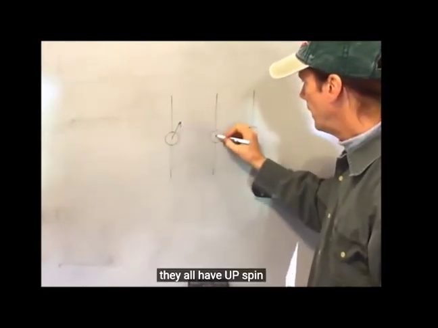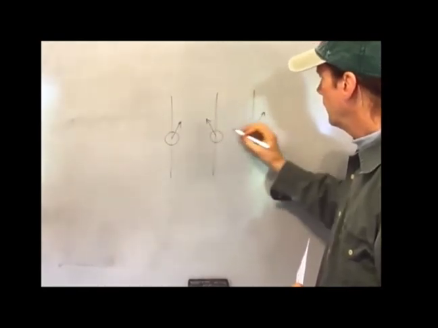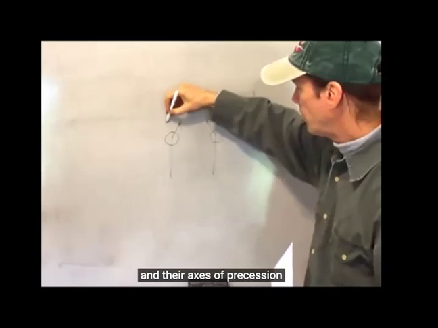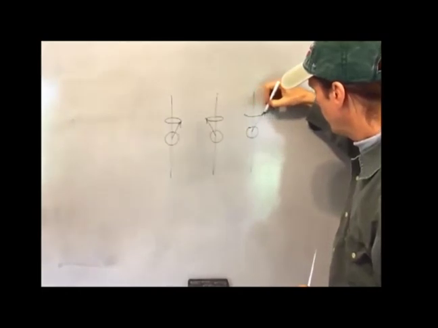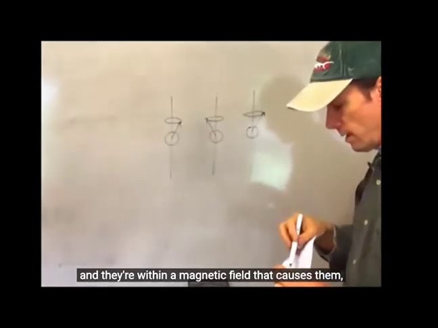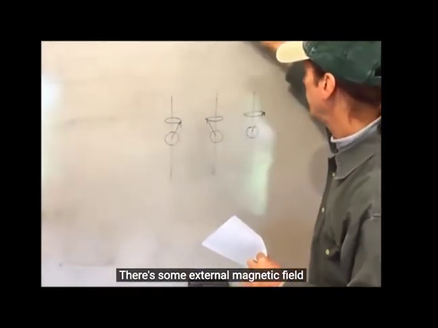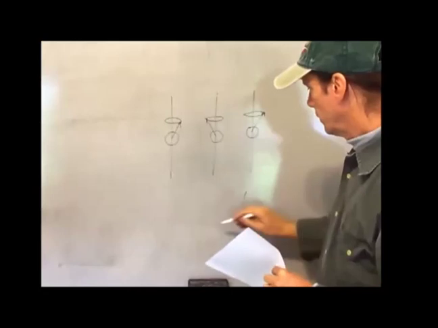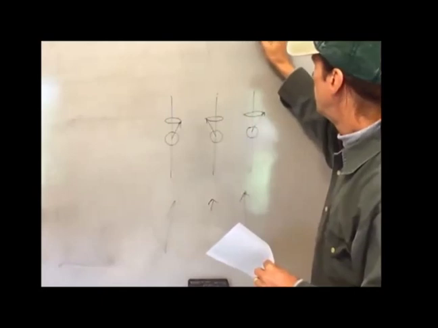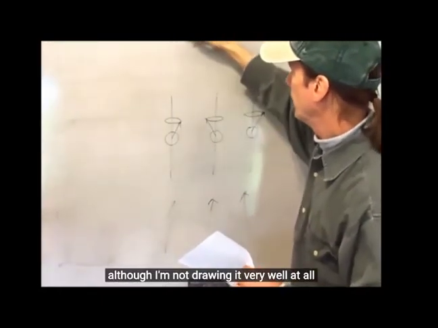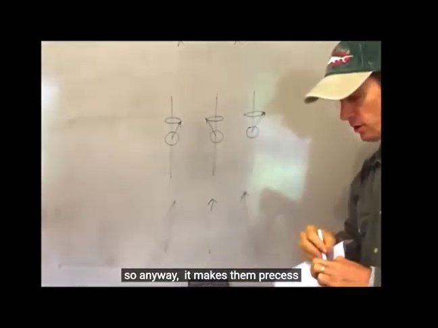They all have upspin, and their axes of precession are going like this, and they're within some external magnetic field, a homogeneous magnetic field, let's say, although I'm not drawing it very well at all. So anyway, it makes them precess.